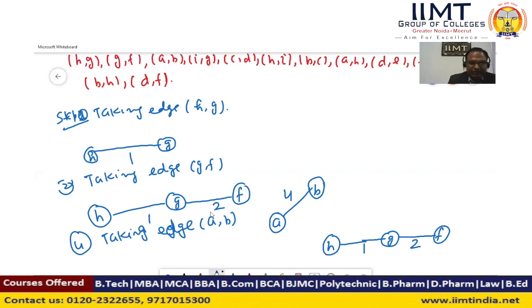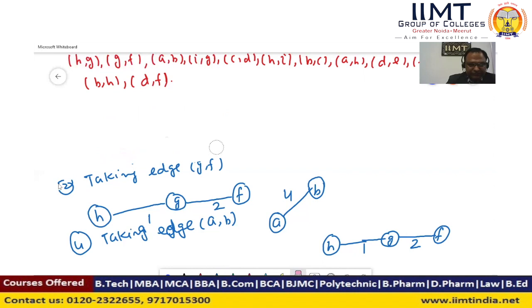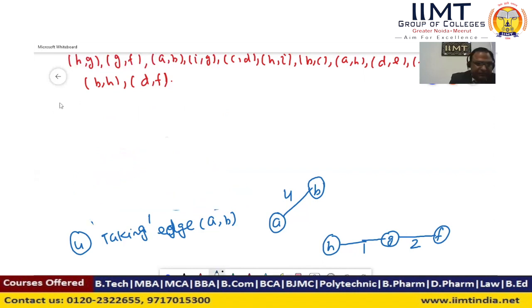Next, step number 5. Now in step number 5, we take the next edge, this one, I comma g.